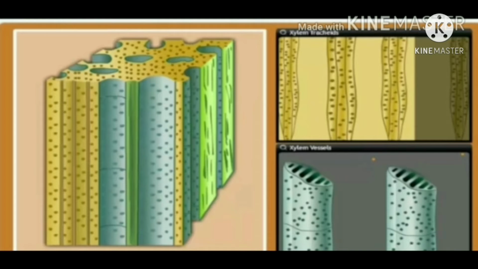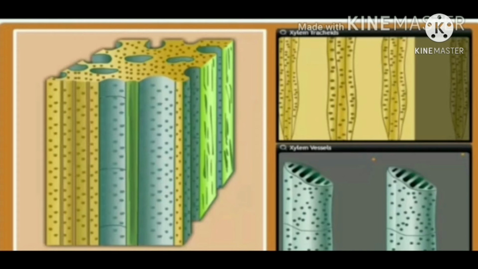See, children, the vessels and tracheids of the roots, stem, and leaves are interconnected to form a continuous system of water conducting channel reaching all parts of the plant.